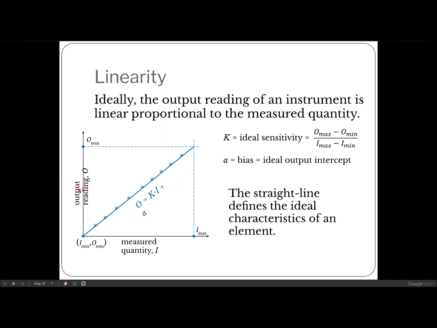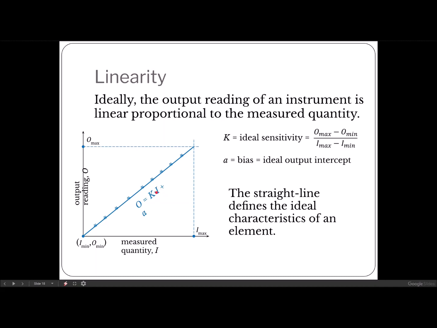The relationship between output and input is just expressed as a linear function: output equals a constant k times input plus a. What is k then? k is the calibration factor, the sensitivity.